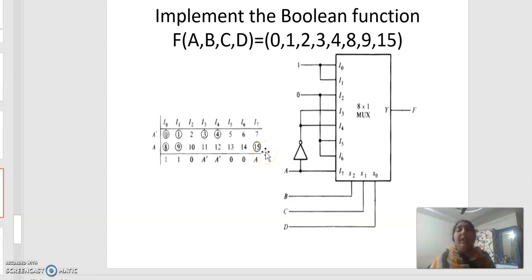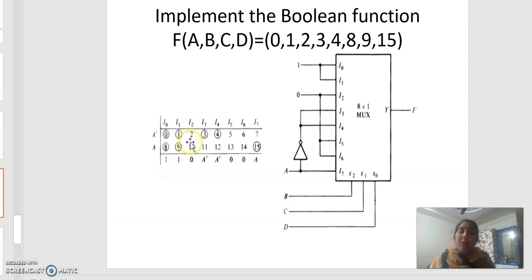After writing these minterms, whatever minterms are present in the function must be circled. Based on these circles, we have to determine the function input. If both are circled, we have to consider the input as 1.